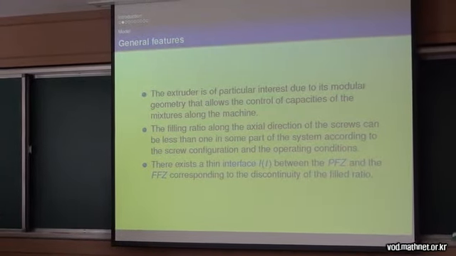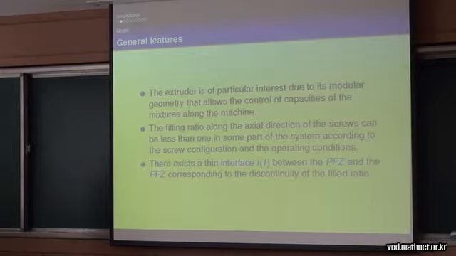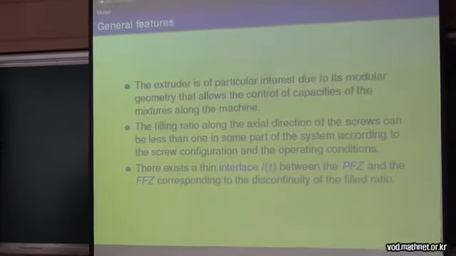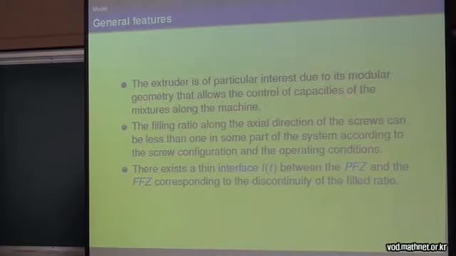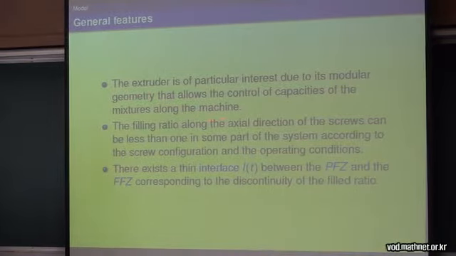The extruder is very interesting because there is some modular geometry that allows control, which is important in applications. And these extruders are very common in the food industry and also in the chemical industry, when one needs to produce some mixture or some food.